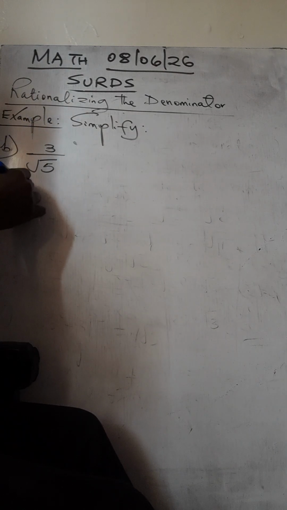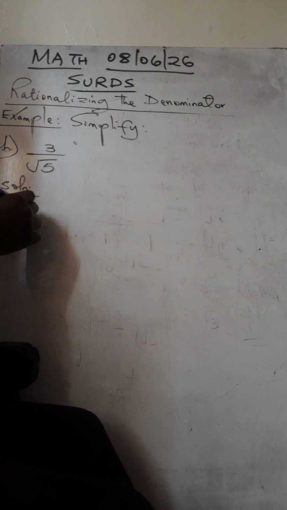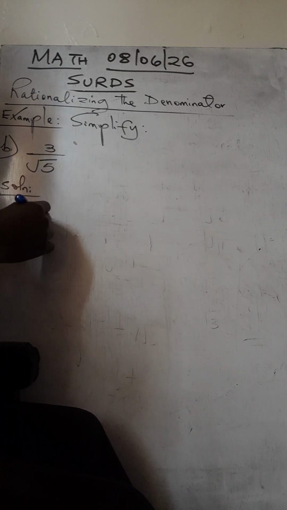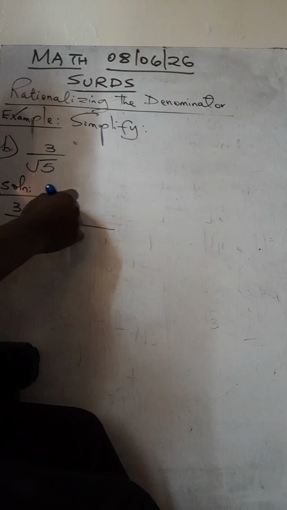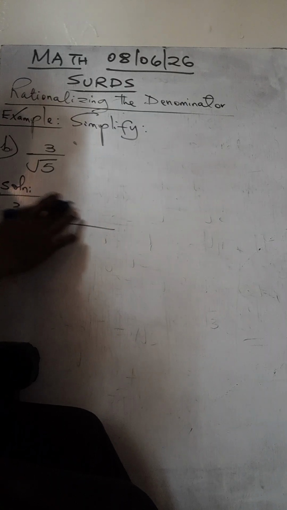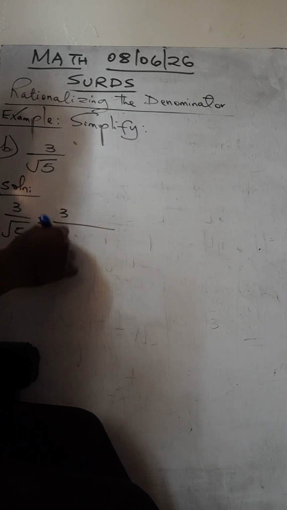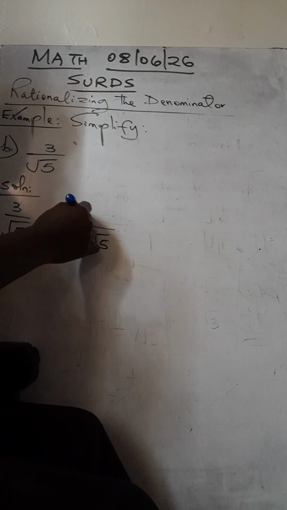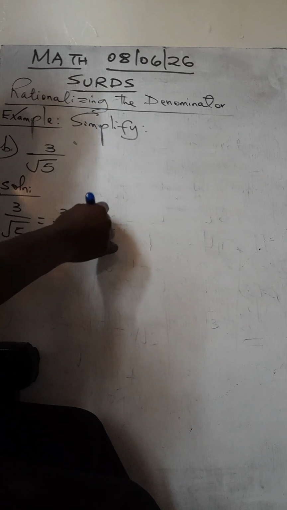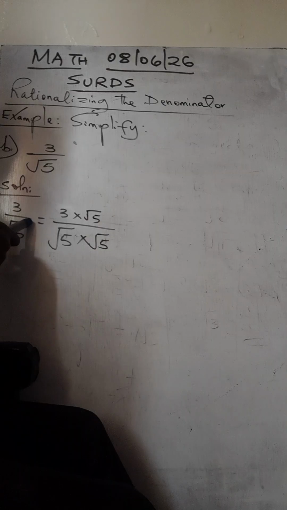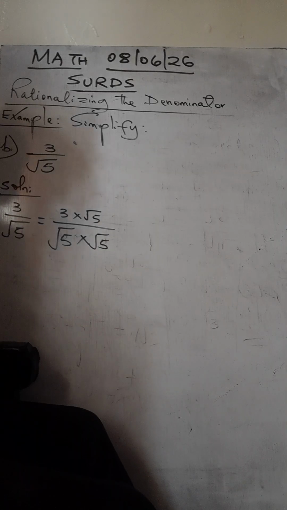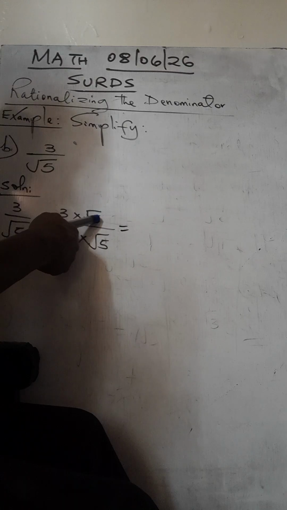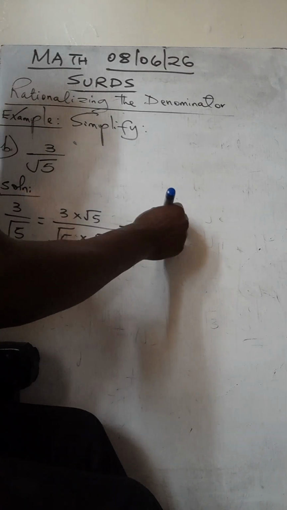To rationalize that, we have 3 over root of 5 being the same as, multiply here by root of 5, here by root of 5. The purpose of doing this is that we want to remove this root from the denominator side. So 3 times this, you get 3 root 5.